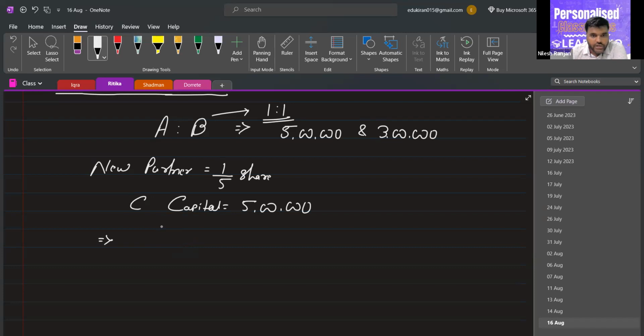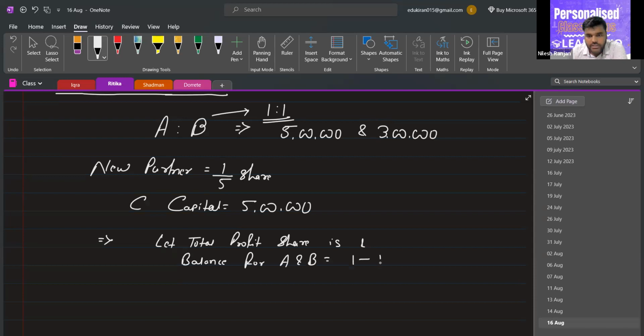The profit sharing ratio is 1:1, and the new partner is getting a 1/5 share. So let the total profit share be 1, and the balance for A and B will be 1 minus 1/5, that is 4/5.